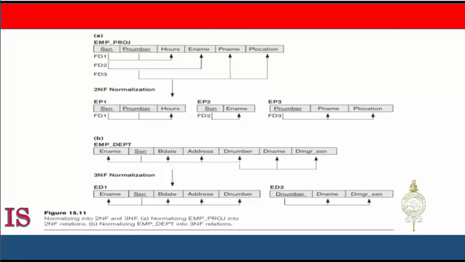In the case of e-name, project name, and project location, those attributes are said to have a partial dependency upon the primary key. Second normal form requires that all non-prime attributes have a full dependency on the primary key.